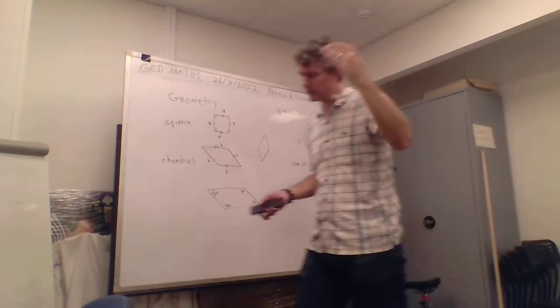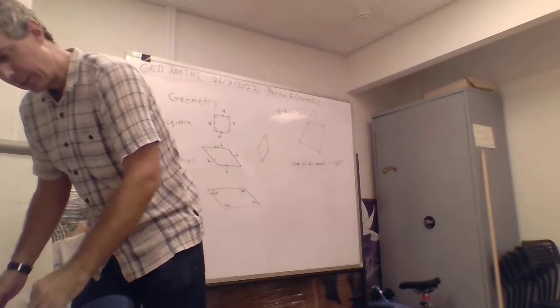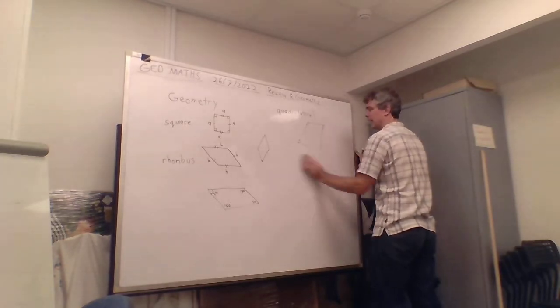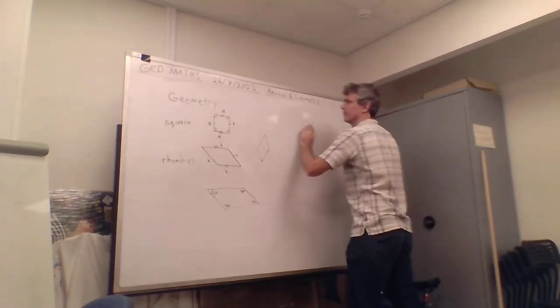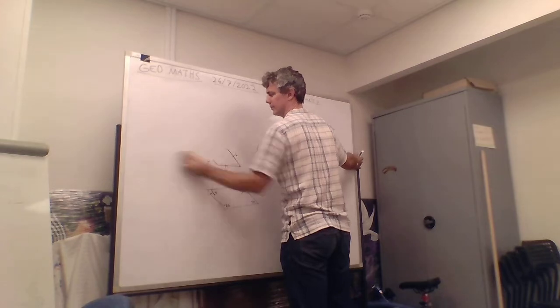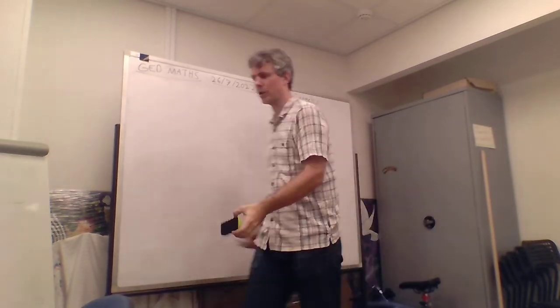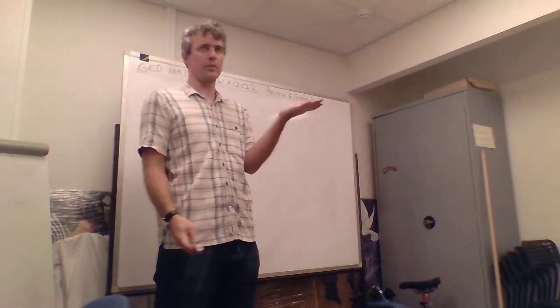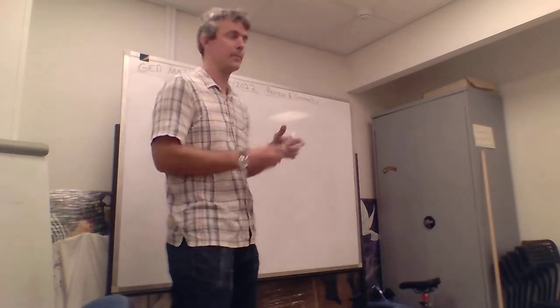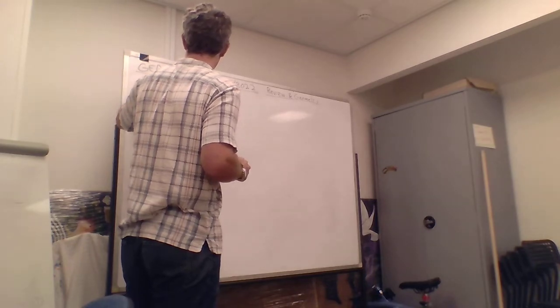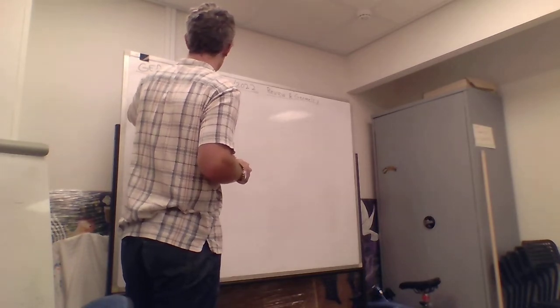A lot of this is just memorizing and learning names and things. So the next section is triangles. A quadrilateral, quad is the Greek for 4. So triangle, what does tri mean? 3.